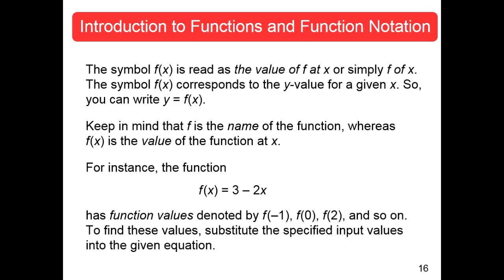Now notice your f of negative 1 was 5, f of 0 was 3, and f of 2 was negative 1. That's what we call a decreasing function. Okay? We knew that, didn't we? If this had been a y here, what would this represent? An equation.